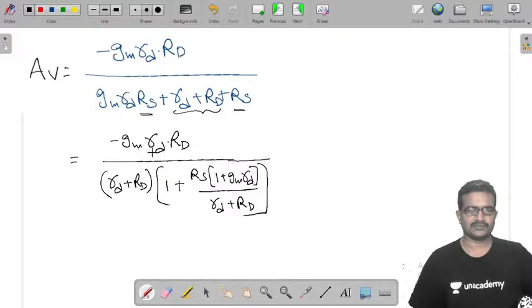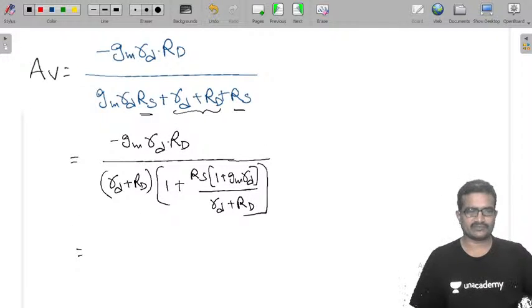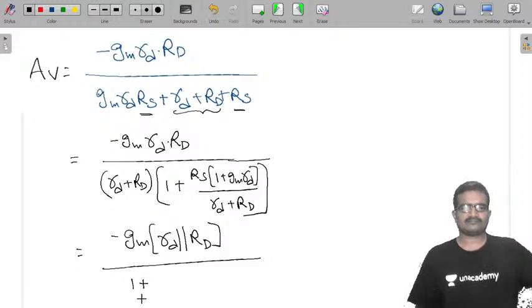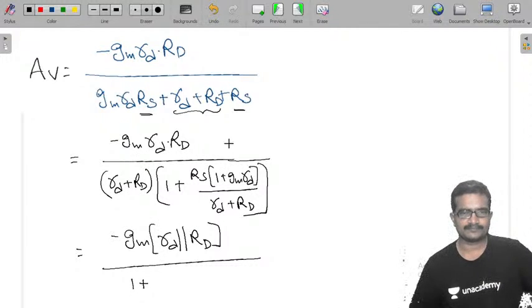Now this part is minus gm into rd parallel with capital RD, so minus gm into small rd parallel with the capital RD by 1 plus, here we take RS common.